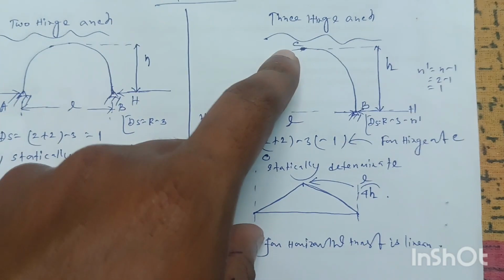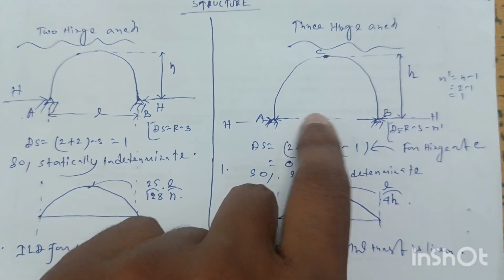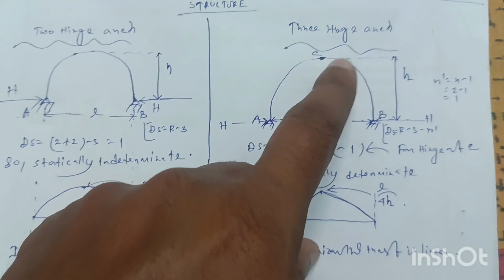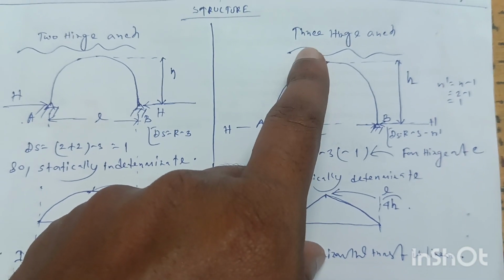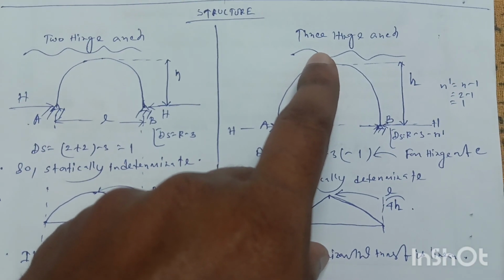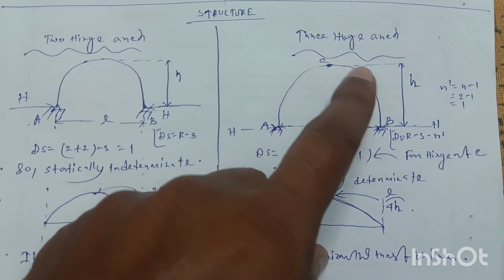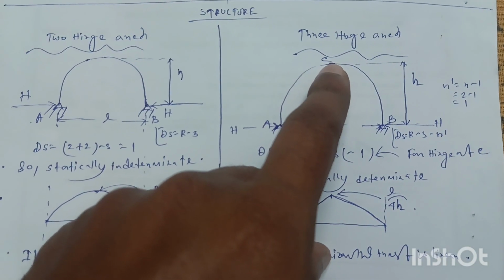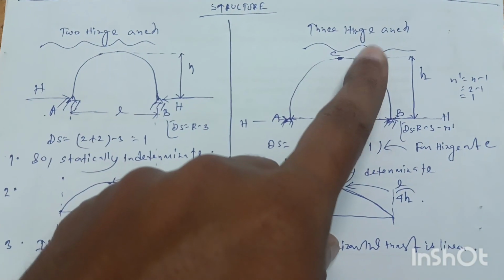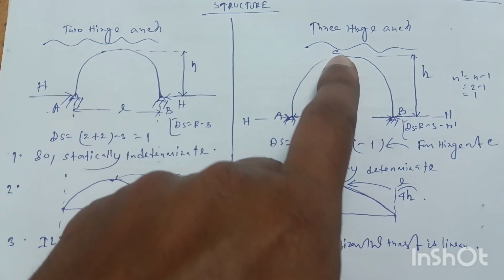Now for 3-hinge arch, A, B and C, this is the hinge at the crown, and for this internal hinge at the crown, the value of r dash, or the additional equation required due to hybrid joints, will be n minus 1. N is the number of members connected at this hinge. So 1, 2, these two members are connected at this hinge.